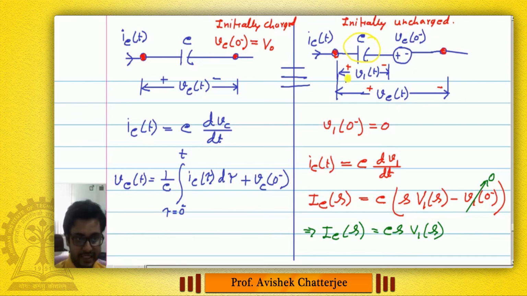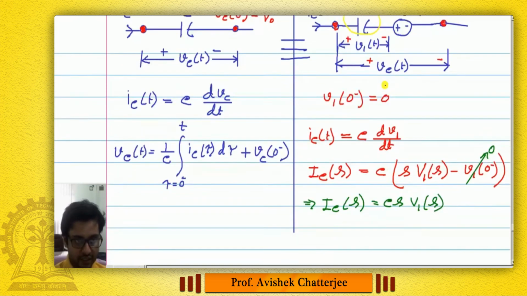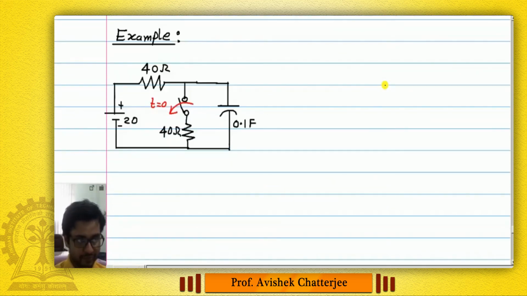Now we shall see the beauty of this equivalent circuit with an example. So here is the example. We have this circuit, battery, resistance, capacitor. There was a switch which was initially closed, and then at time 0 it is opened.